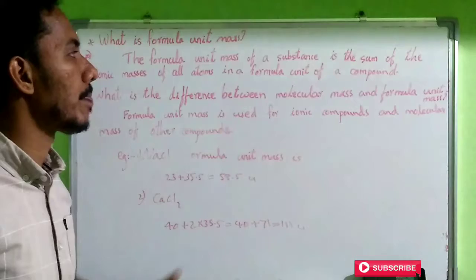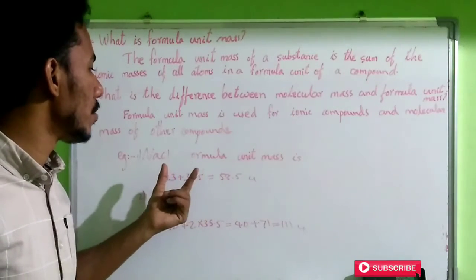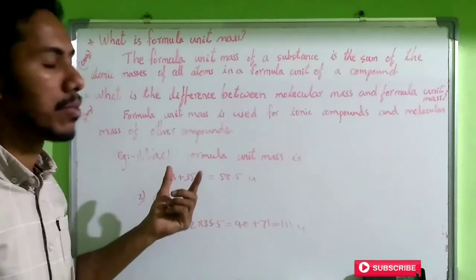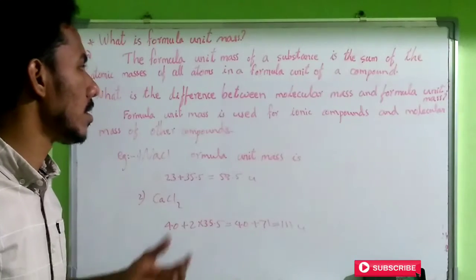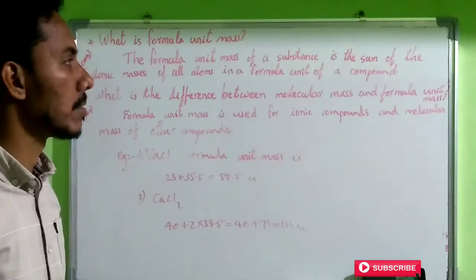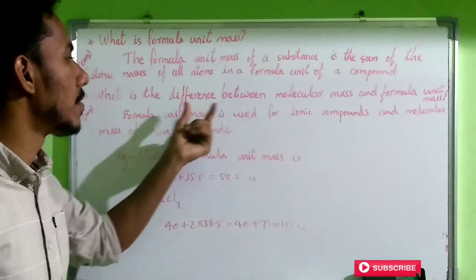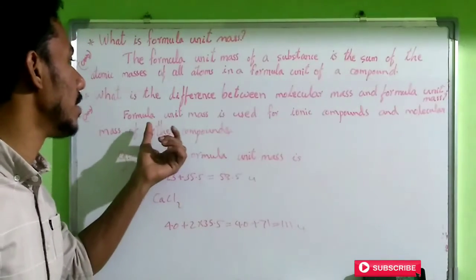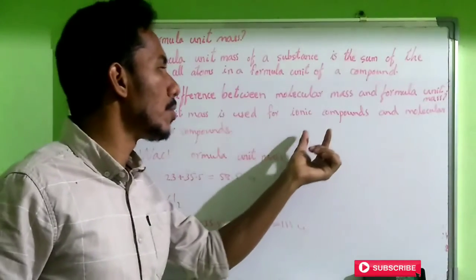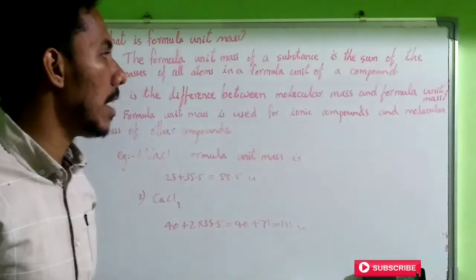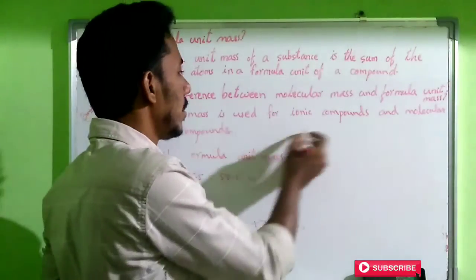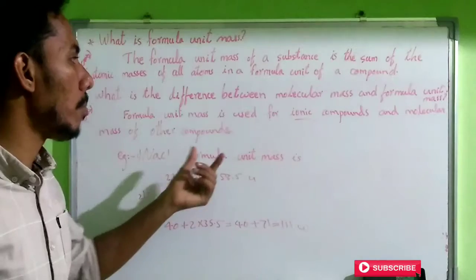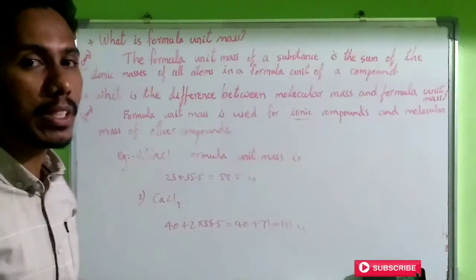So you need to take the compound and find the formula unit mass in the same way as molecular mass. What is the difference between molecular mass and formula unit mass? There is only one difference. Formula unit mass is used for ionic compounds and molecular mass is used for other compounds. So the computing way is similar, but we commonly use formula unit mass for ionic compounds.